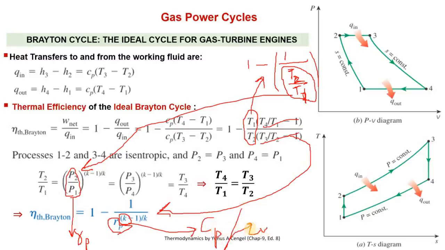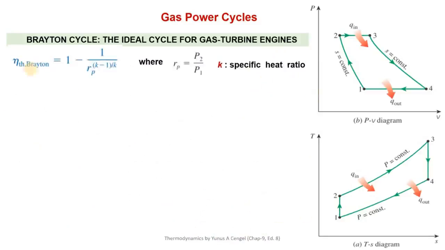Because in the case of gases, Cp and Cv are not equal, and their ratio is known as the specific heat ratio. Right. So now we have the efficiency where Rp is equal to P2 by P1 and k is the specific heat ratio. So now we have the thermal efficiency of the Brayton cycle simply as a function of pressure ratio and specific heat ratio.